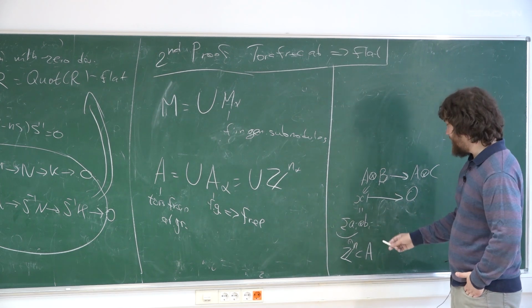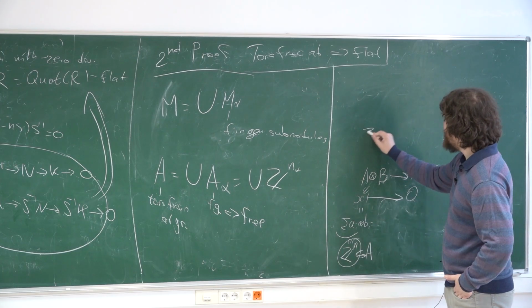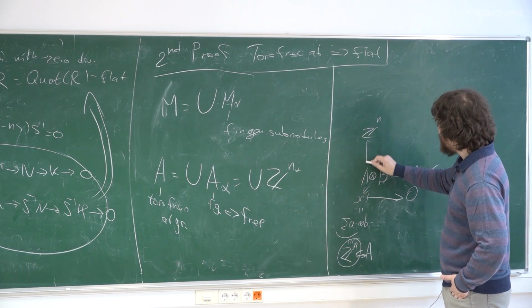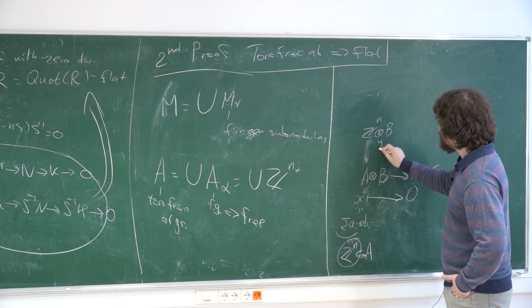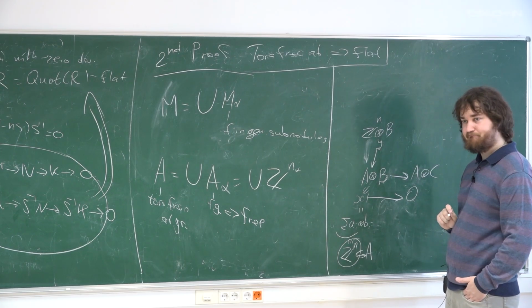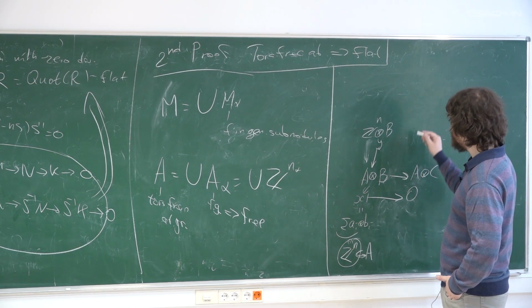This means that if I consider this Z^n with an inclusion to A, then after tensoring with B, I have some elements which go to x, these elements tensor b_i.